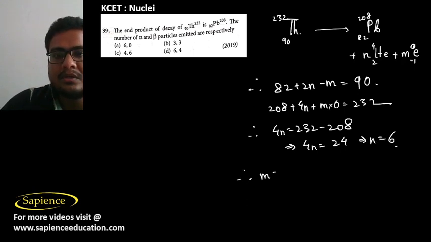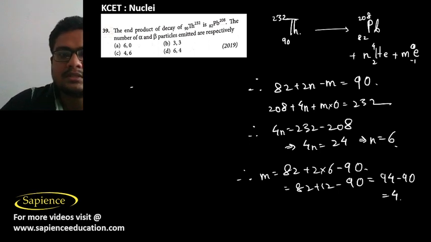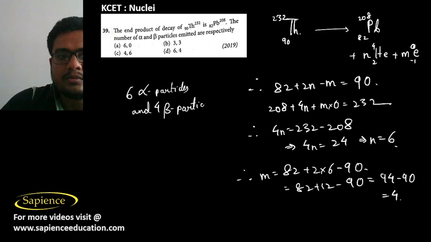Therefore, m will be equal to 82 plus 2 into 6 minus 90, that is 82 plus 12, 94, minus 90, that is equal to 4. So it means that 6 alpha particles and 4 beta particles are emitted. Option D is the correct answer.